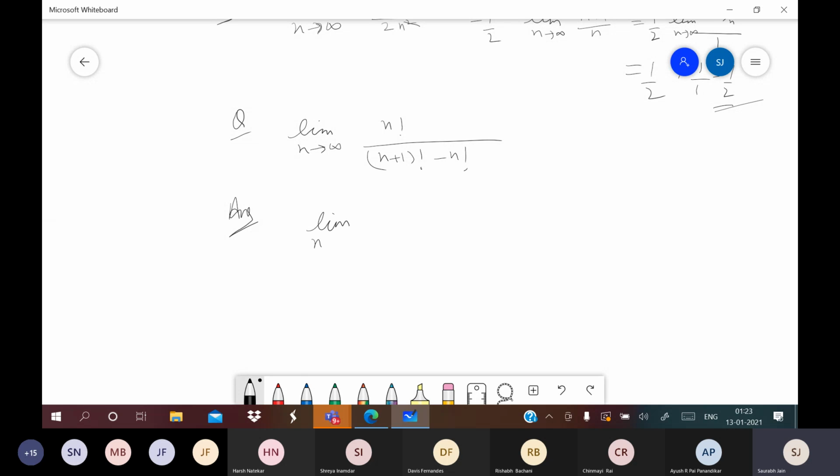What can I write in place of n plus 1 factorial? So n plus 1 into n factorial.